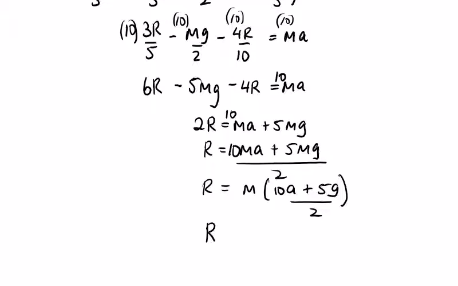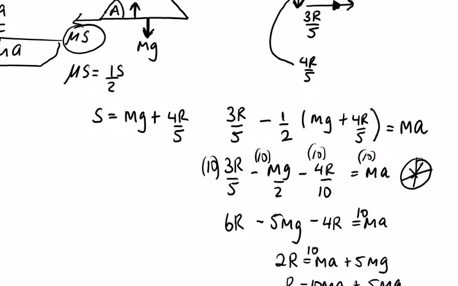Or I'd be better off taking the 5 out to have 5m/2 on the outside, which would leave 2a plus g on the inside. Just be careful when multiplying across. I wasn't paying attention. So now we should have an equation where we can sub r back in.